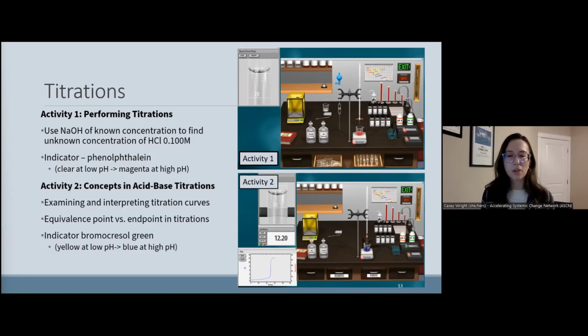So trying to differentiate between equivalence points and endpoints, and then interpreting the titration curve. So this is kind of first exposure to all of this for our students. And in this second activity, students were using a bromocresol green indicator, and that's yellow at low pHs and blue at high pHs.